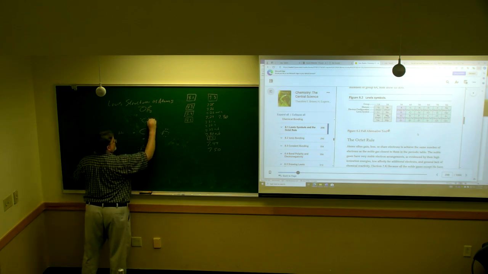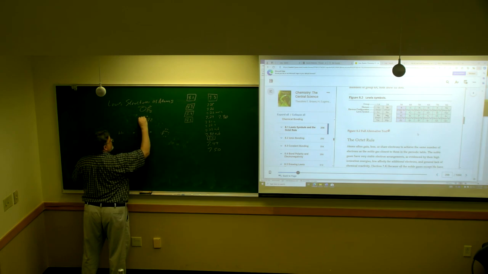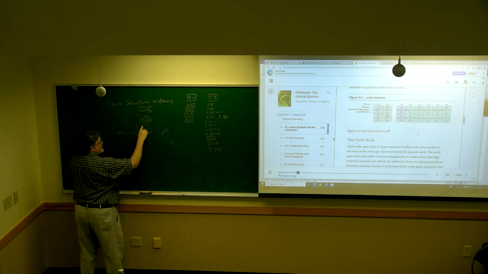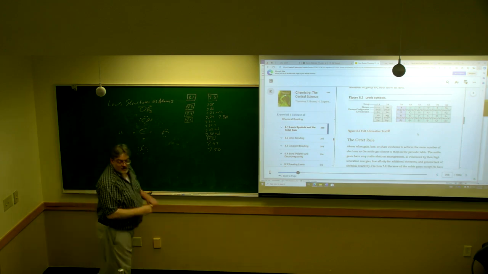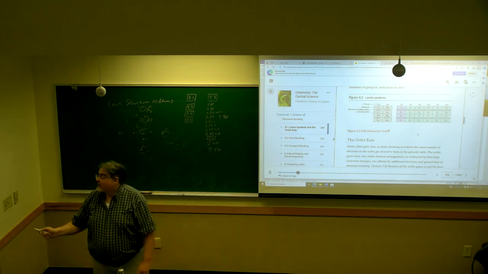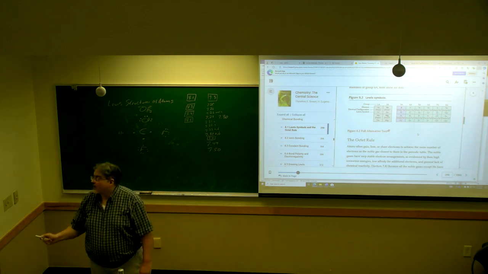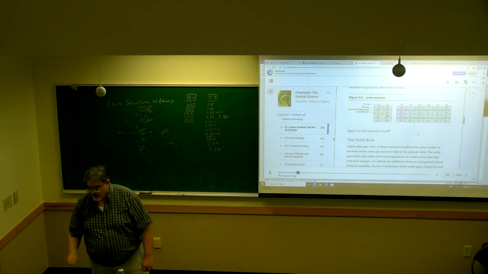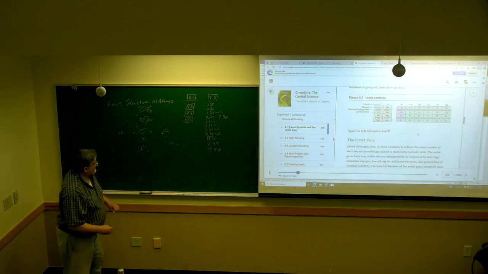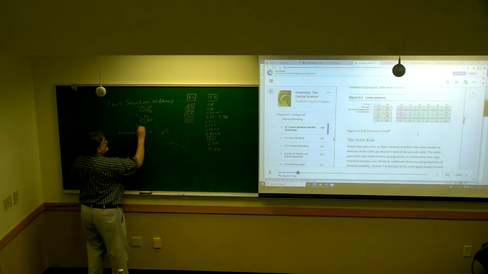Chlorine has 3 pairs of electrons, 1 unpaired, so it only makes 1 bond. Hydrogen and all of these only make 1 bond, because these have 7. So one of the electrons is unpaired.